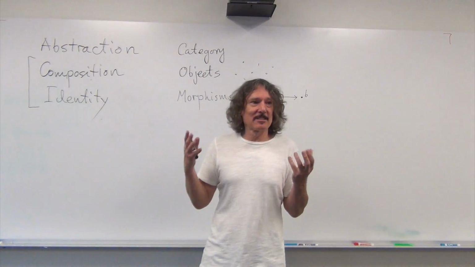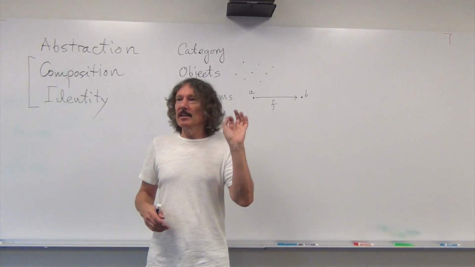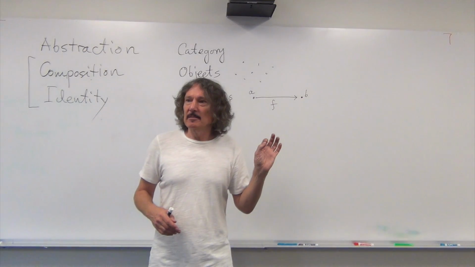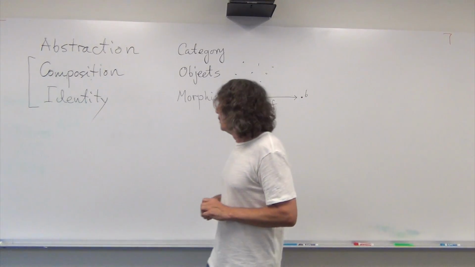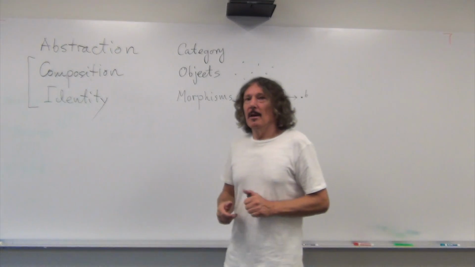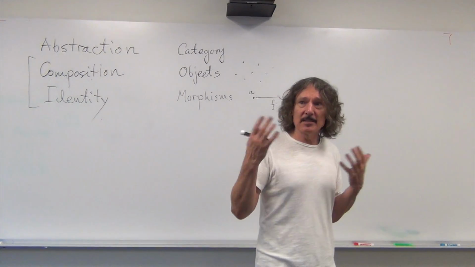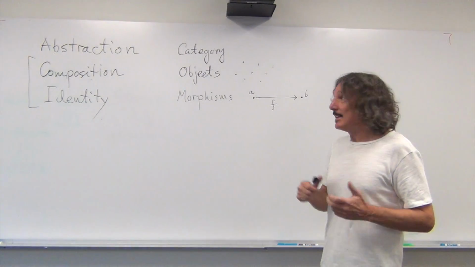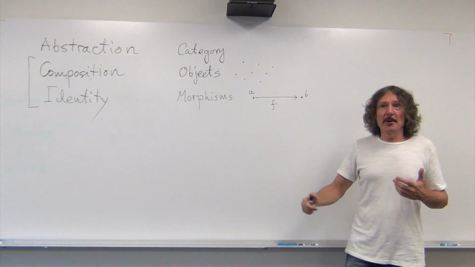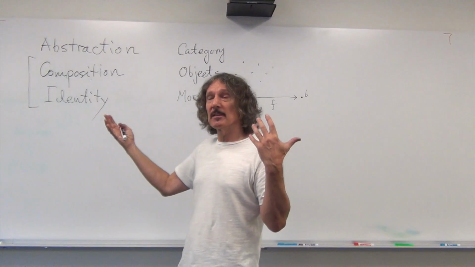It's nothing. It's like the atom. It's a point. It has no properties. Okay? What's a morphism? Well, a morphism is also a primitive. It has no properties, except that every arrow has a beginning and an end.